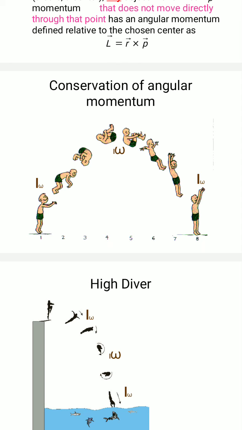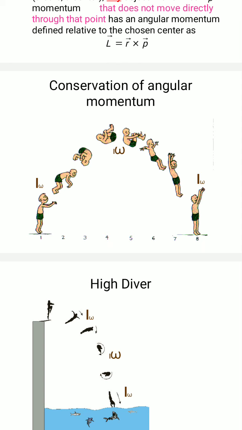But when he jumps, his body is no longer spread; it is made into a very concise area. So I is smaller, and omega will become large.